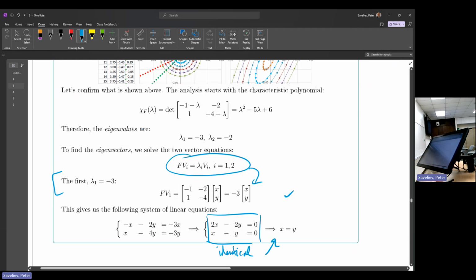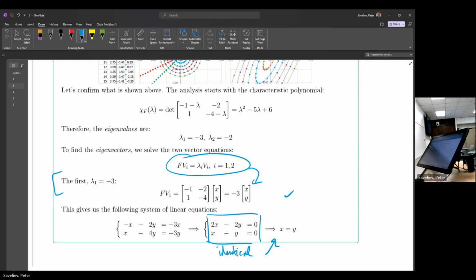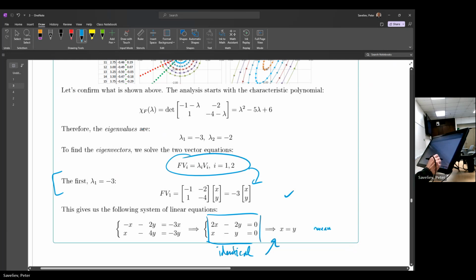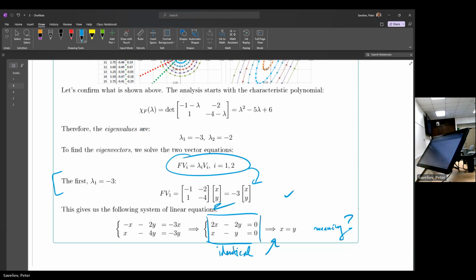So in fact there is one equation. What does that mean? We try to find x, y, our hypothetical eigenvector, and we found that x is equal to y.